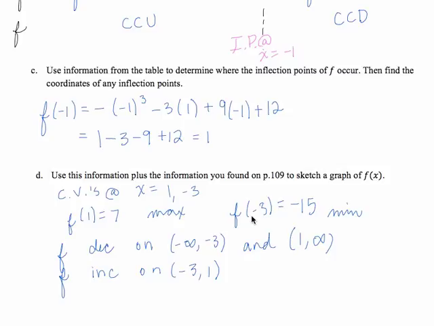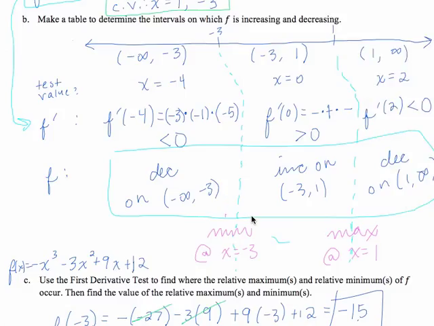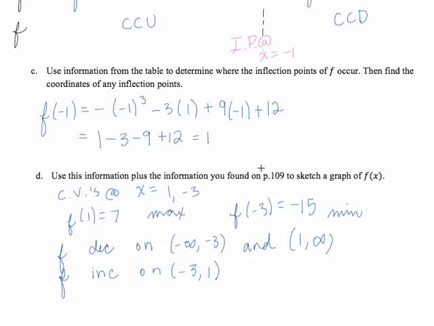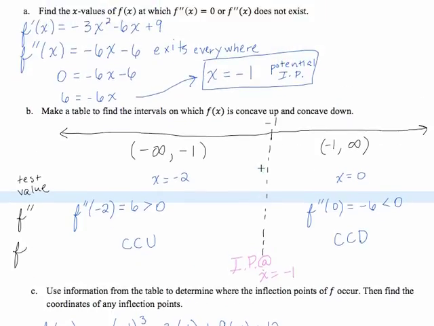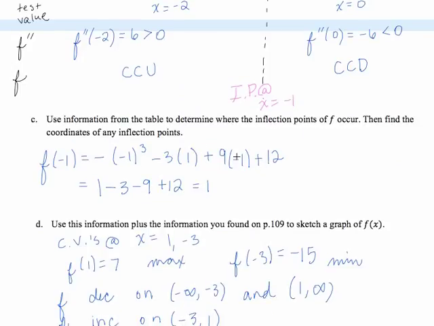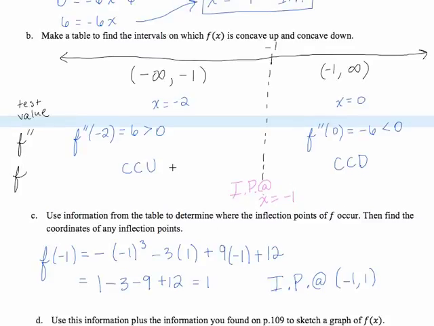I believe that's all that we found. So now we want to put all of this information together to sketch a decent graph. We know that it has an inflection point at the point -1, 1, and we know that it is concave up on the interval from -infinity to -1, and concave down from -1 to infinity.